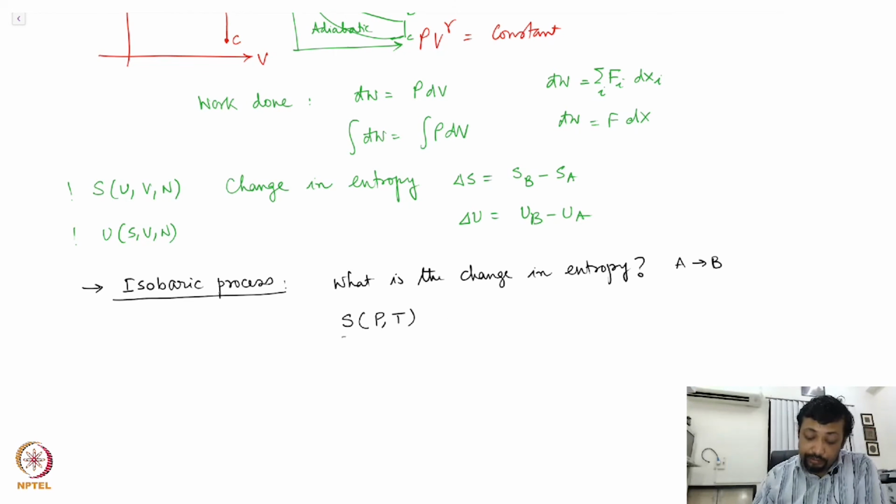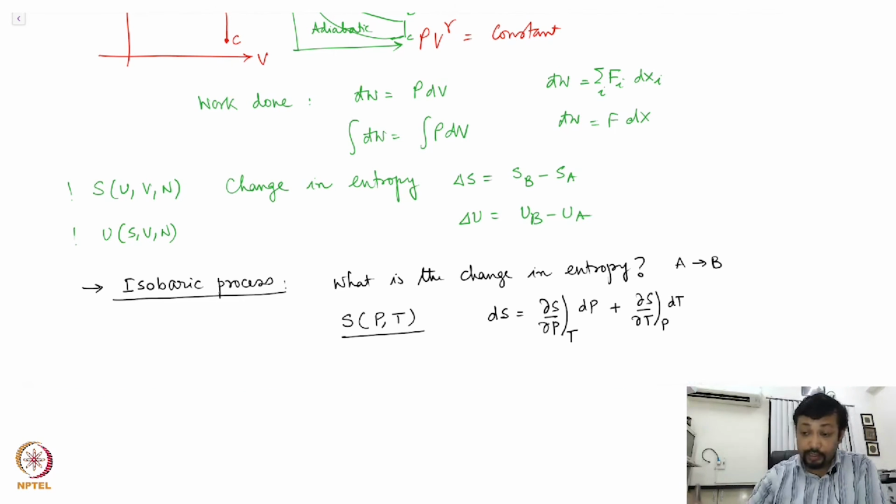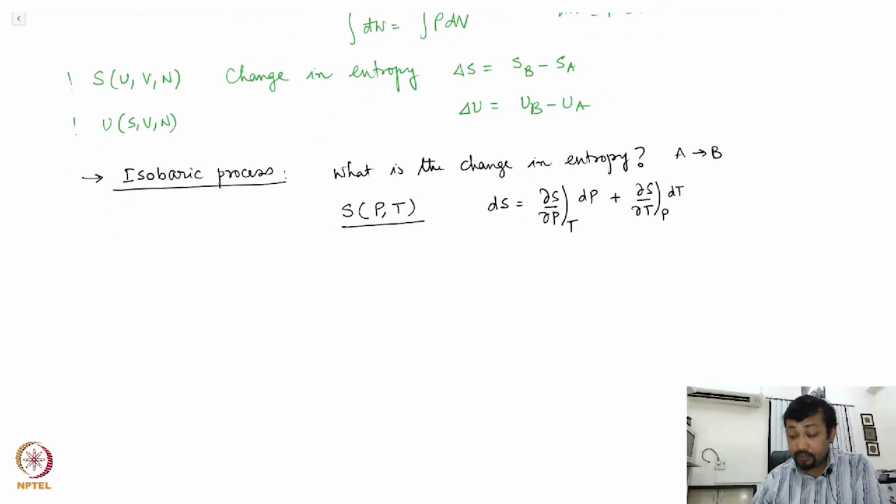So if I write down S as a function of P and T, then dS by the rule of partial derivatives is (del S del P) at constant temperature dP plus (del S del T) at constant pressure dT. But look, it's an isobaric process and I have held pressure constant, therefore dP must be 0.